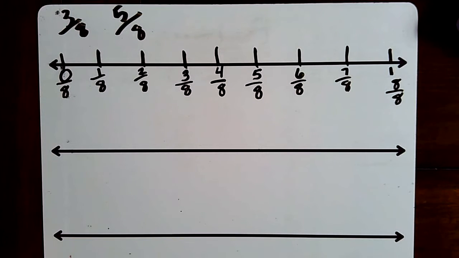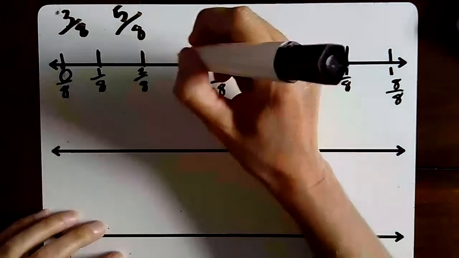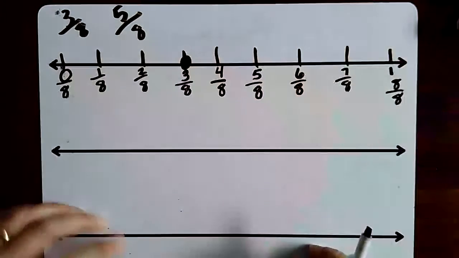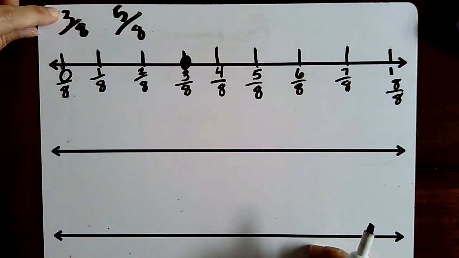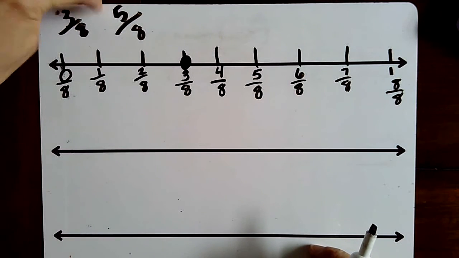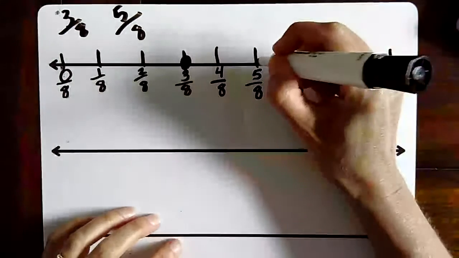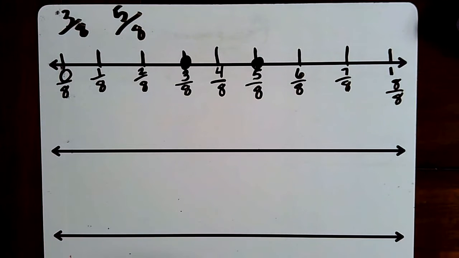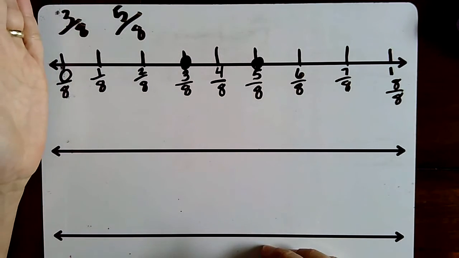So for this one, what I want you to do is pick up your pencil and put a dot on 3/8. That's our first fraction. And then our second fraction was 5/8. So let's find 5/8 and let's put a dot there. And I want you to think about which fraction is farther from the 0.